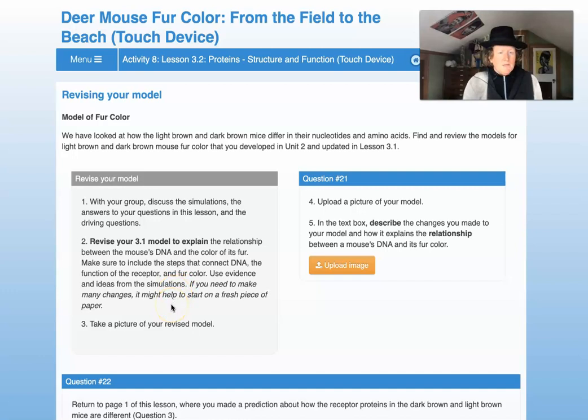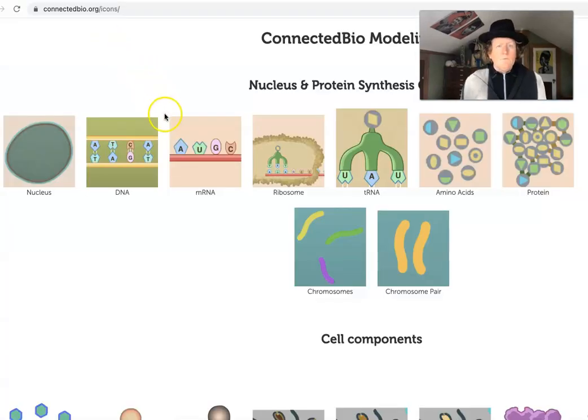If you need to make many changes, it might help to start on a fresh piece of paper and take a picture of your revised model. So we'll go back to look at the model that I showed you at the beginning in part 1 of this 3.2 lesson. Just so you know, I pulled all of my icons, all of my pictures from this website, connectedbio.org/icons.